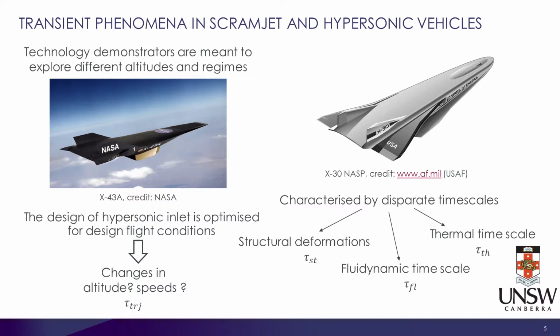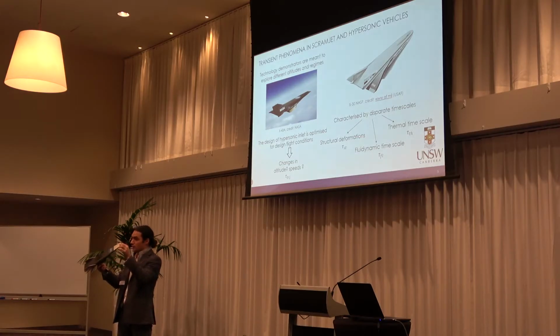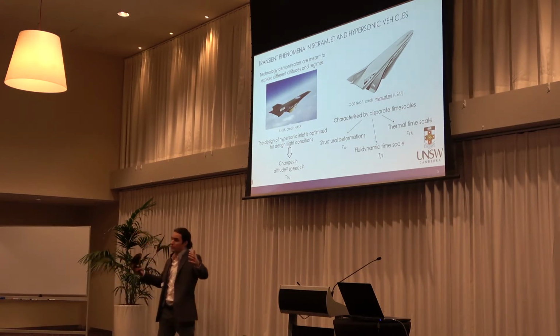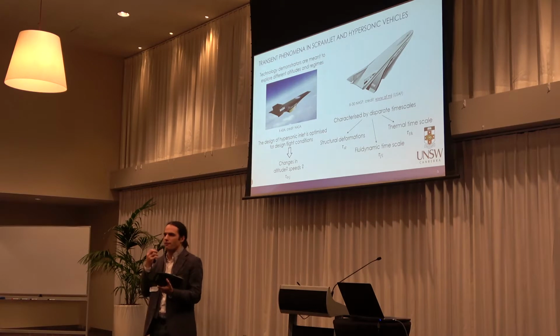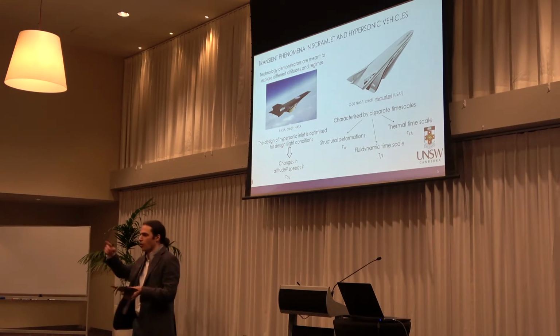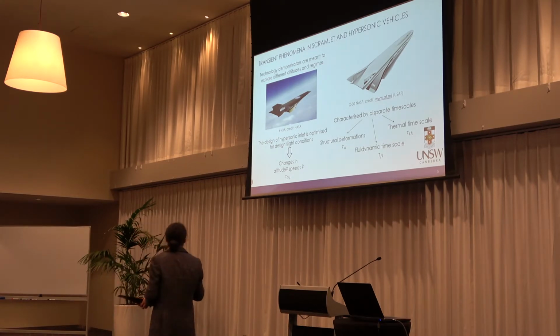This vehicle was 3.7 meters long. NASP was a large-scale version of these, about 30 meters long. And 1% or 2% deformation on that scale is possible. So we want to check the effect of the oscillating shocks on the wall.